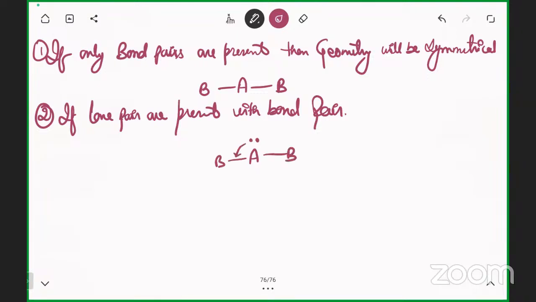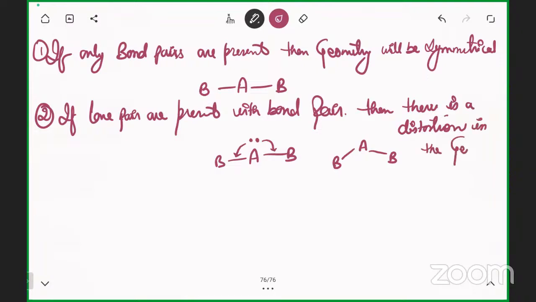This lone pair will repel the bond pair. There is a distortion in the shape. So if lone pairs are present with the bond pair, then there is a distortion in the geometry of the compound. So you can say that they are not symmetrical if a lone pair is present.